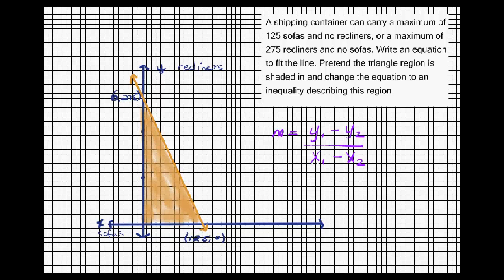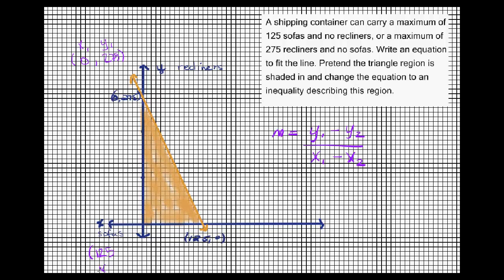Okay, so remember our coordinates. Over here we have x1 is 0, and then y1 is 275, and then down here you have 125.